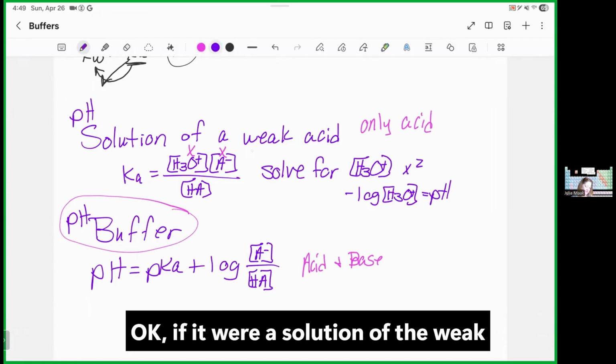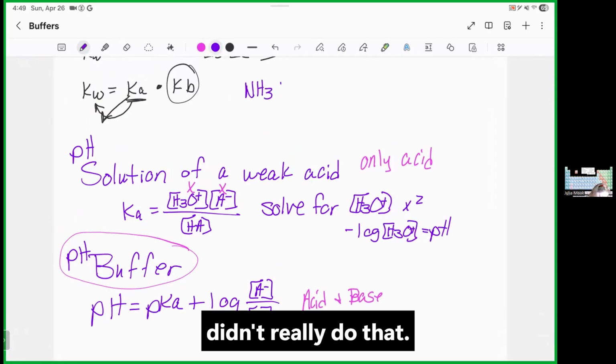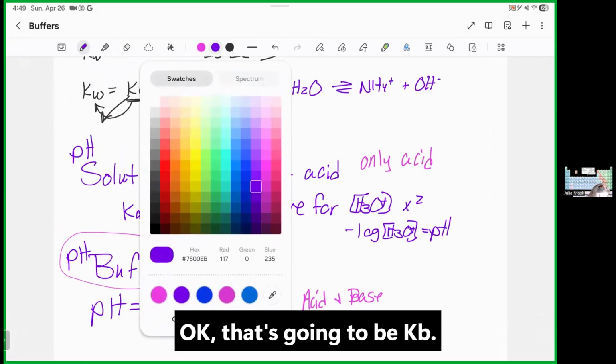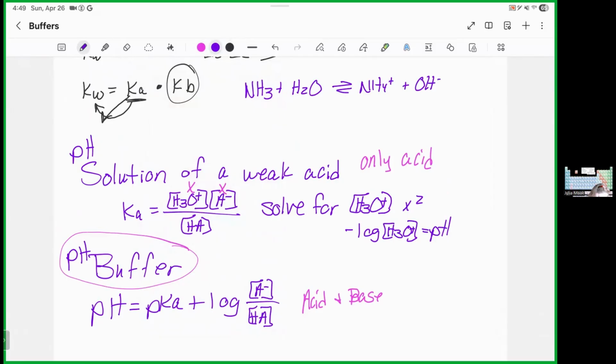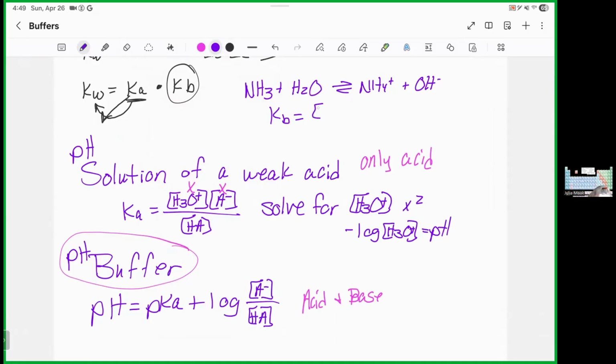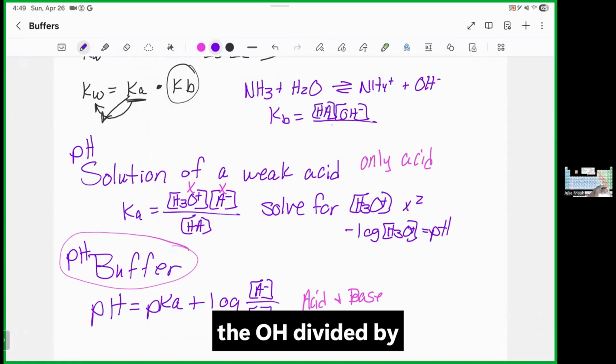Okay, if it were a solution of the weak base, let me do this real quick because I didn't really do that. That's going to be Kb, so that's going to be equal to the HA times the OH divided by the A minus.